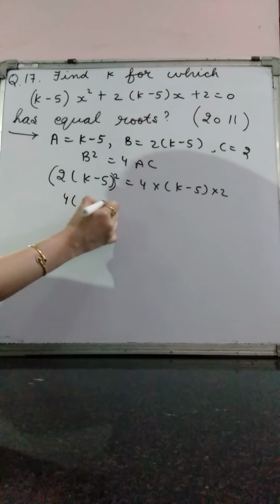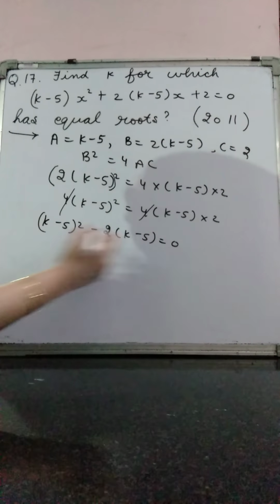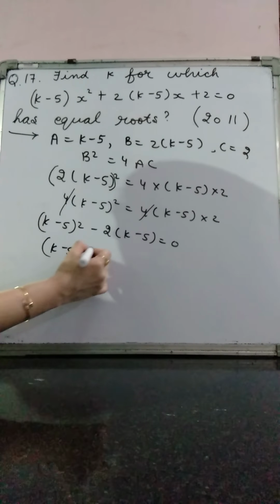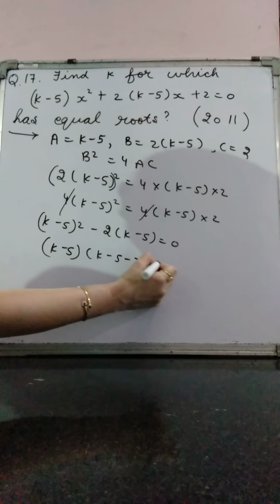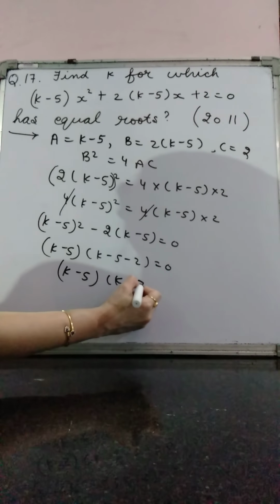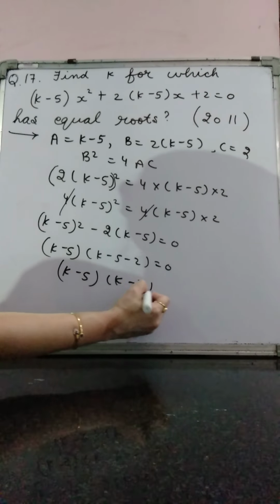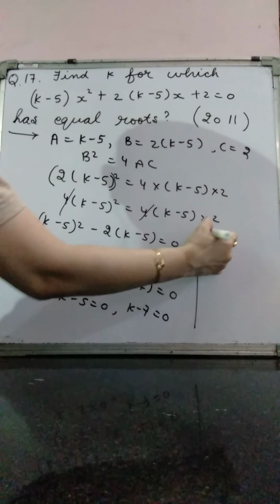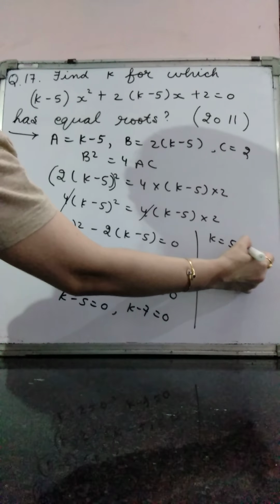Cancel 4 on both sides. Collect all terms in LHS. Take k minus 5 common. Minus 5 minus 2 will be minus 7. Equate both of them to 0. So the values of k are 5 and 7.